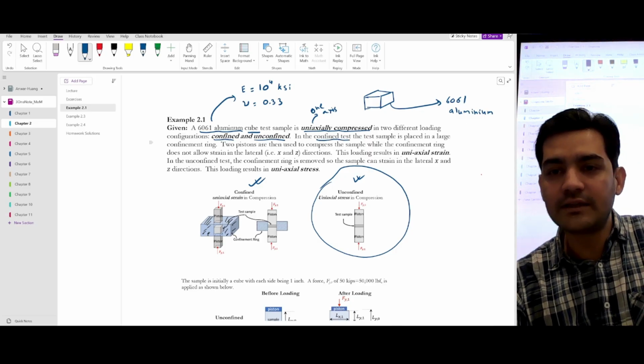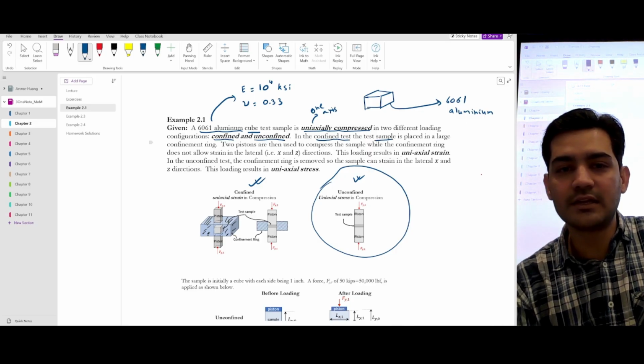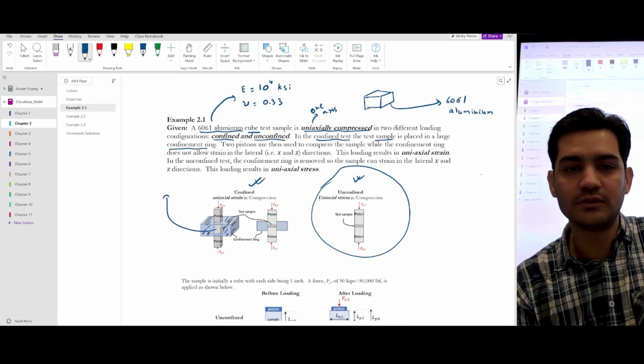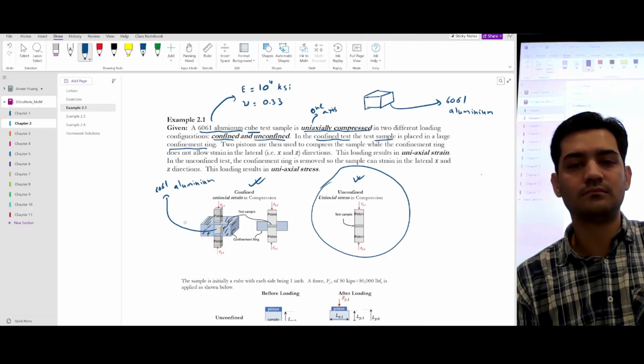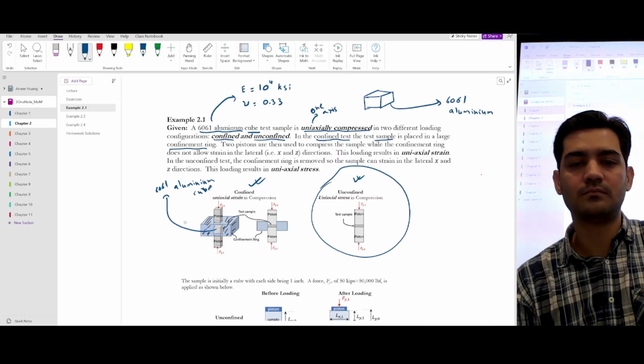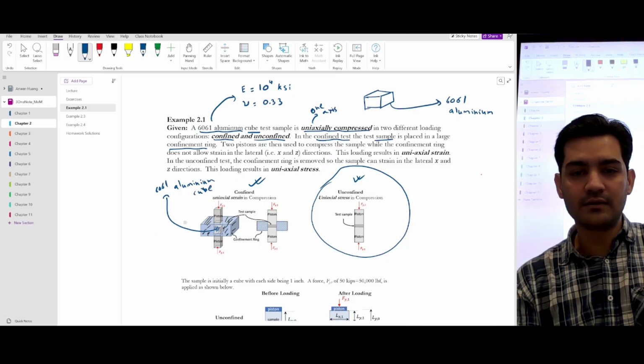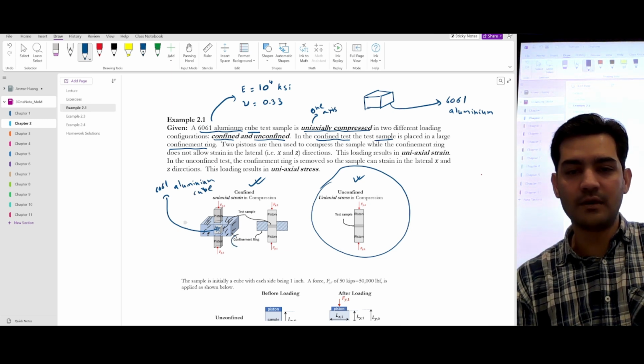So in confined test, a test sample is placed in a large confinement ring. So this is a test sample. This is that cube. This is 6061 aluminium cube. This one. And it's confined in a confinement ring.